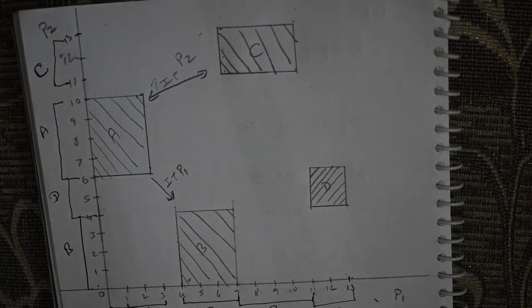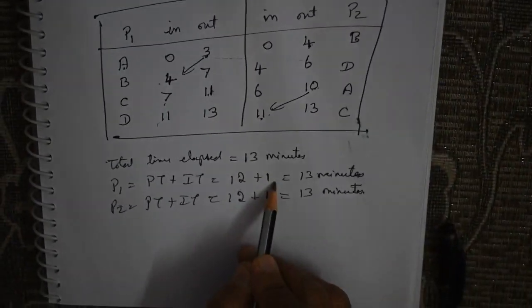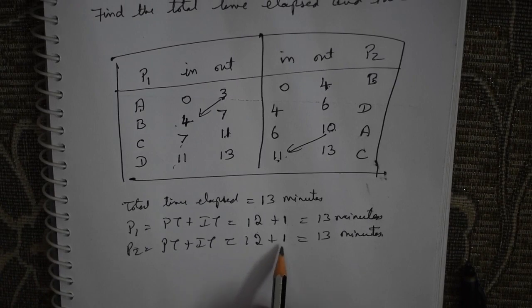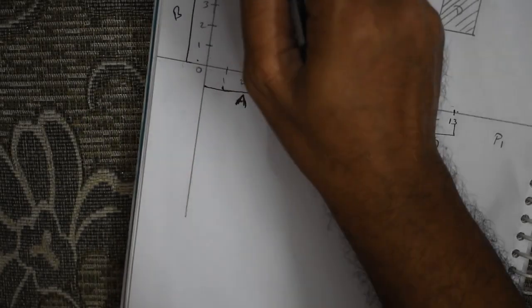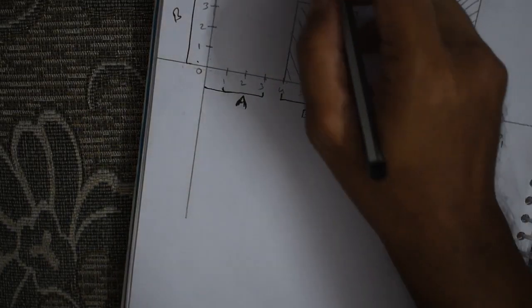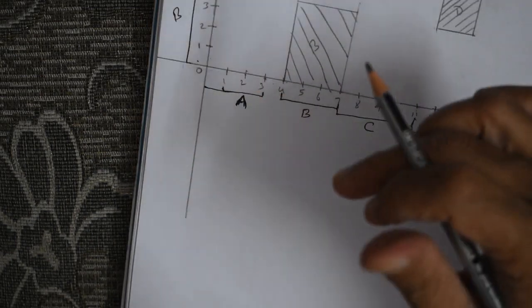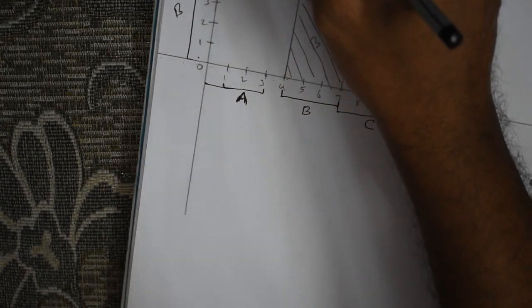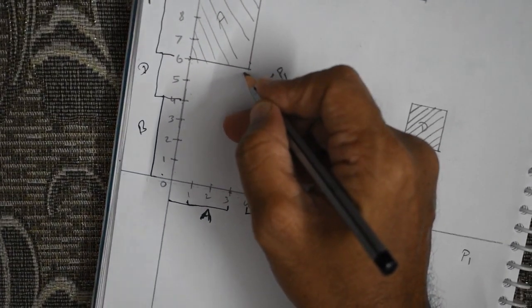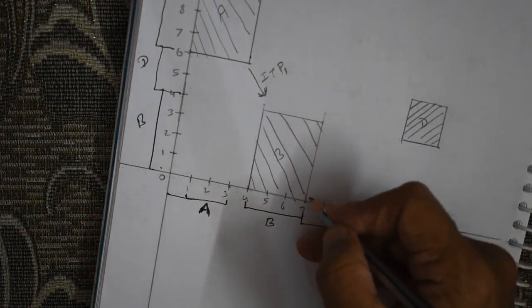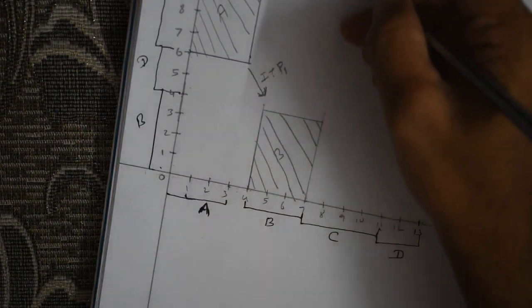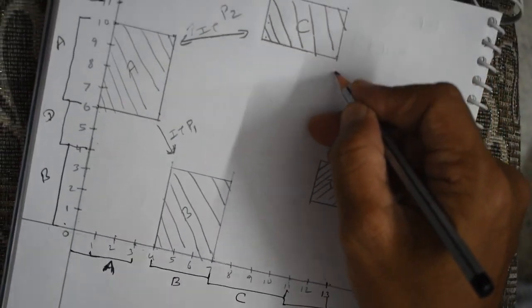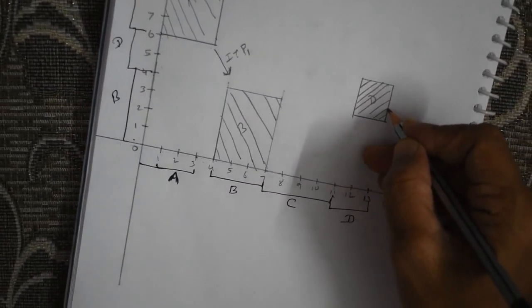We very well know the processing time for P1 is 12 minutes plus idle time 1 minute, and similarly for P2 the processing time is 12 minutes and idle time is 1 minute. As a result, you can see clearly that in 13 minutes we finish the job, and there is a gap when you draw. For example, for P1, 0 to 3, in this 3 you have a box here, and the next box commences at 4, finishes at 7, the next box starts at 7, finishes at 11, and the next box starts at 11, finishes at 13.